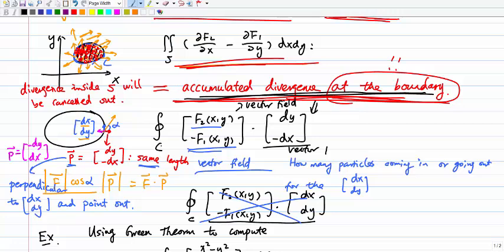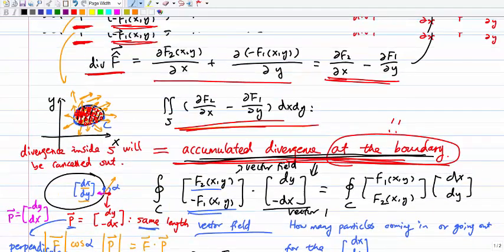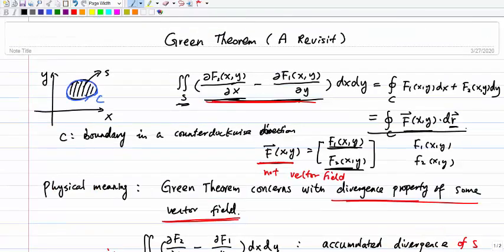You integrate this over all the boundaries, which is the same as the integration over c of f2 and f1 with dy and dx. Of course, you can also swap the two and do f1 and f2 with dx dy. That's why it's the same as this.